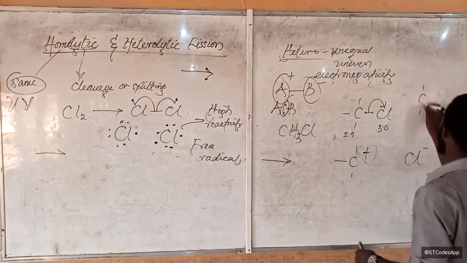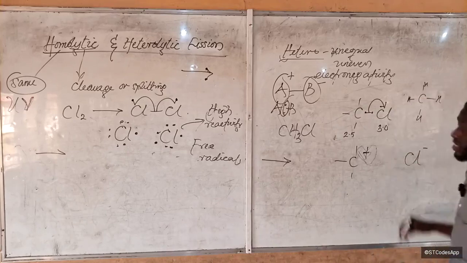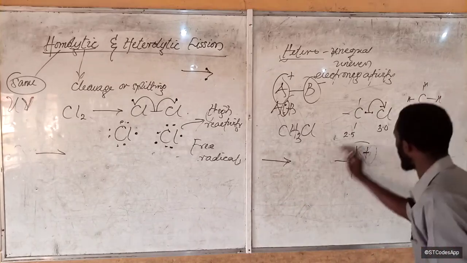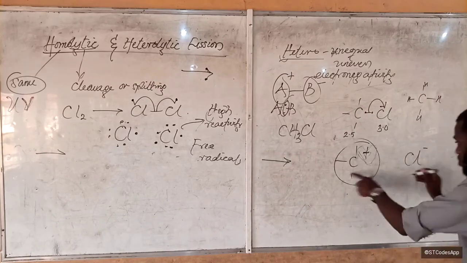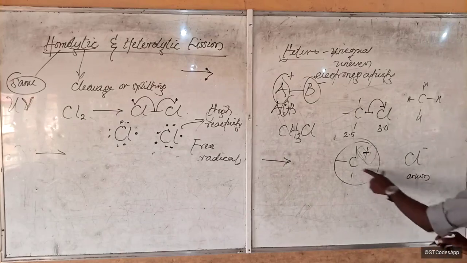Now, let's consider one more example, even in an ordinary methane. If this bond were to break, to form ions, in organic chemistry, this will be called our anion, the negative ion, and this will be called our cation.